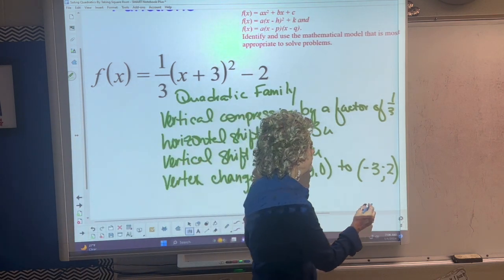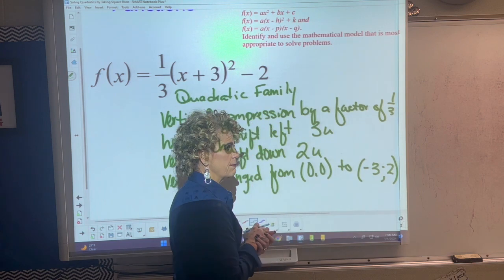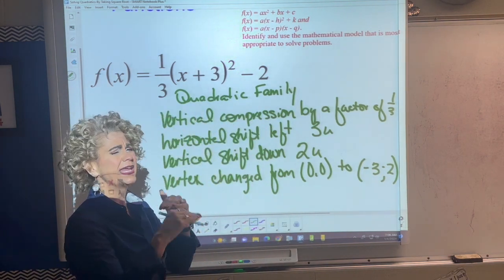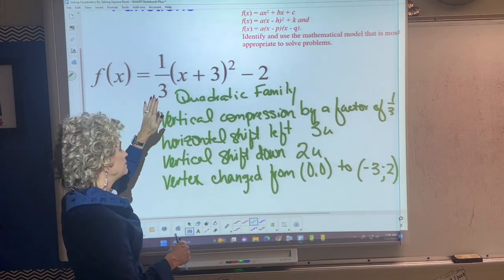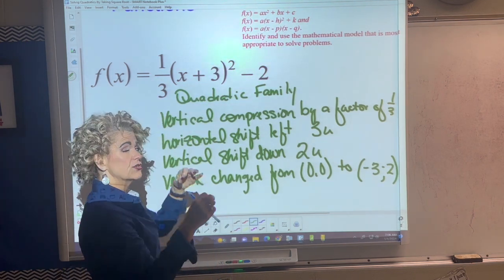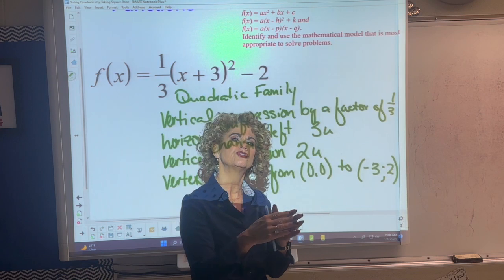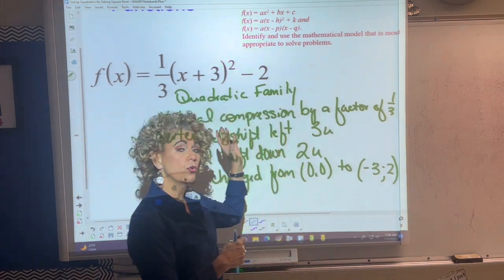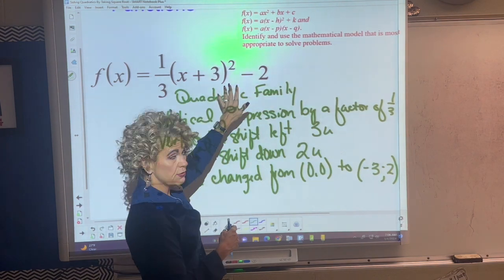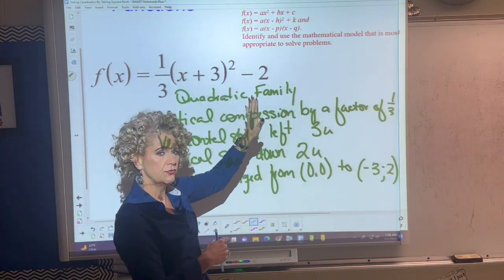Now, one thing that we need to remember: the very last thing that we ever discuss when we are talking about our transformations is our axis of symmetry. But our axis of symmetry only exists on two of our families that we've studied. That is our quadratic family right here, so we're going to have to mention it, and our absolute value.